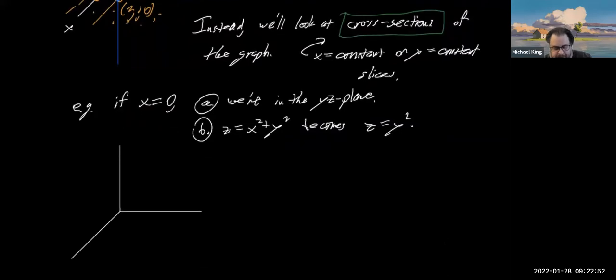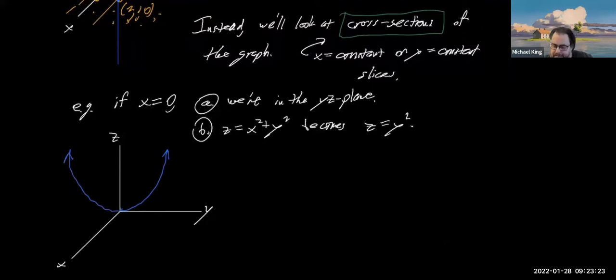Because this is y, that's x, and this is z right here, that means we have some slice that's basically in the YZ plane, and we know what z equals y squared looks like in the YZ plane. That's just the standard parabola. The variables have different names, but in this plane you're going to have this parabola like this.